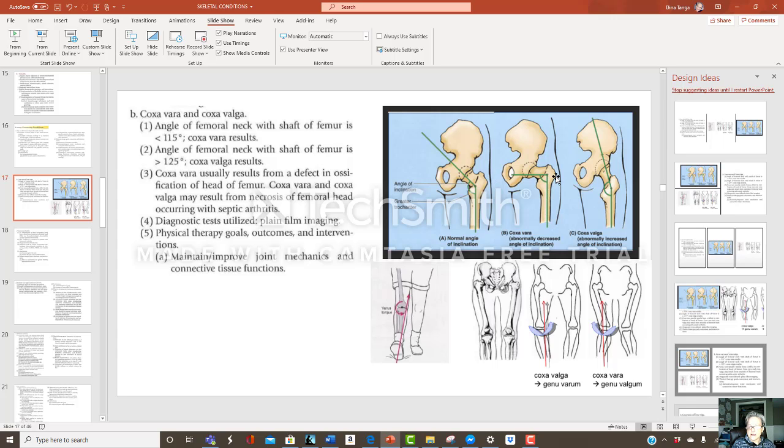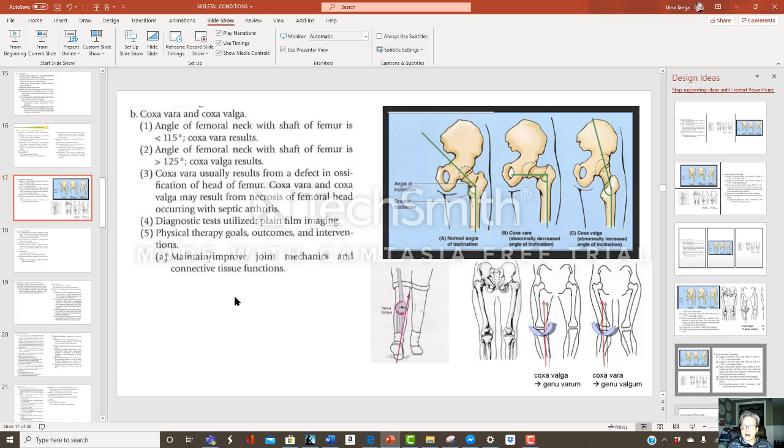With coxa vara, it's going to angle the femur at the distal end of the bone, which is going to cause genu valgum. So coxa vara leads to genu valgum.